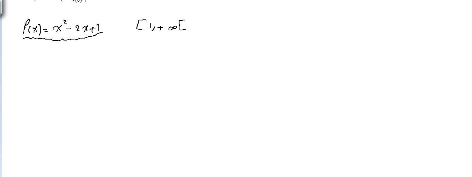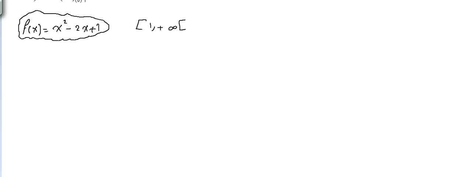Okay, so let's start. f of x is equal to x squared minus 2x plus 1 over 1 to plus infinity, right? First, is f of x defined over all R since it is a polynomial function?